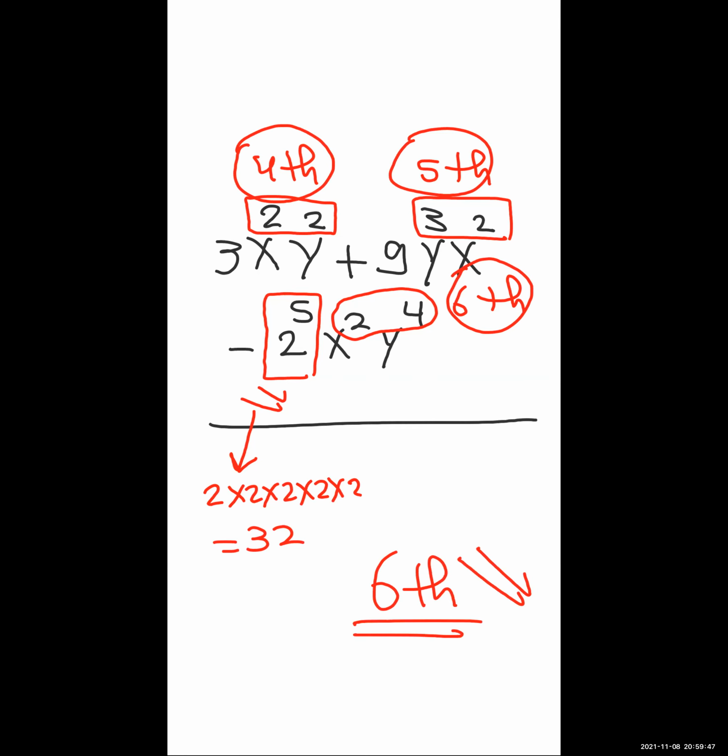Okay, guys, clear? One more example like that, guys. 2x squared y to the power 5 minus 3x y to the power 4 plus 2 to the power 5 x to the power 8. Now, the first term is at 7th degree, because it's 5 plus 2.